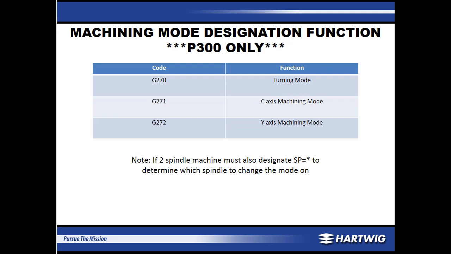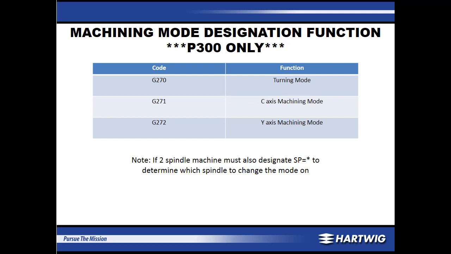So G270 turning mode would cancel coordinate conversion or y-axis, G137 or 138, using G136, and it will release the C-axis joint with M109.